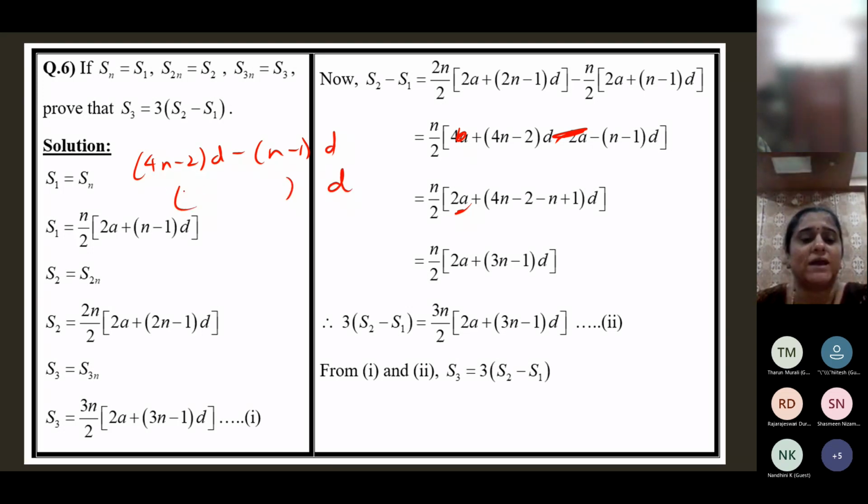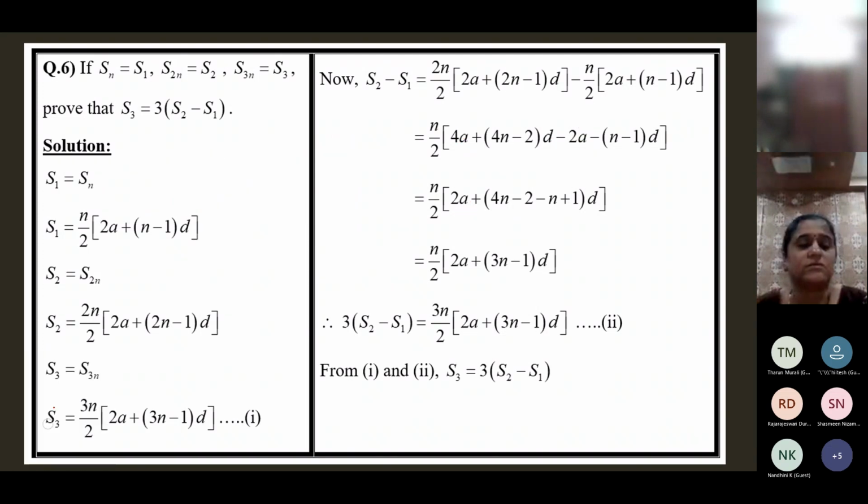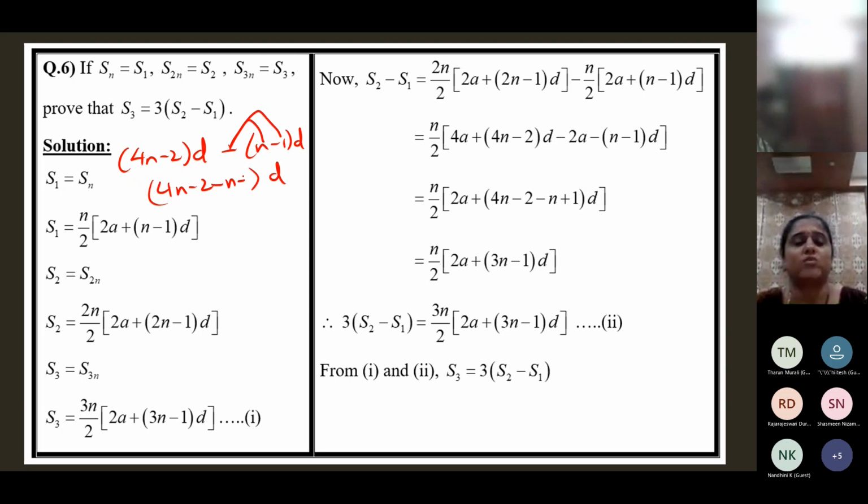In the bracket, you will get 4n minus 2 minus n plus 1.